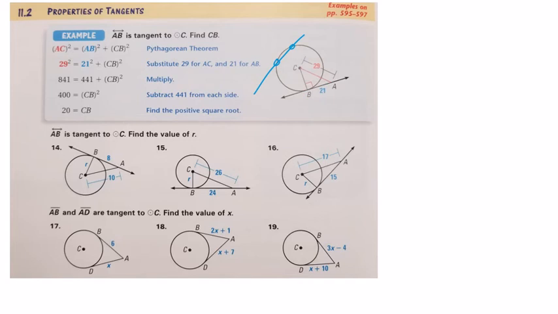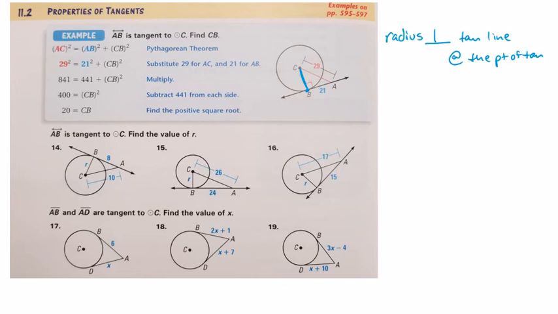And one of the properties was that if you have a radius, so right here I have radius CB, and a tangent line at point B, that's your point of tangency, the radius is perpendicular to the tangent line at the point of tangency.